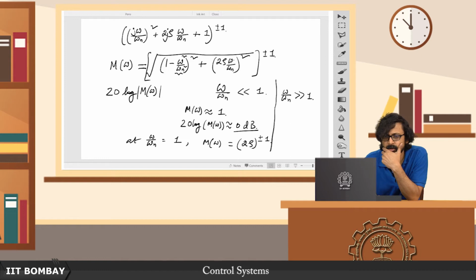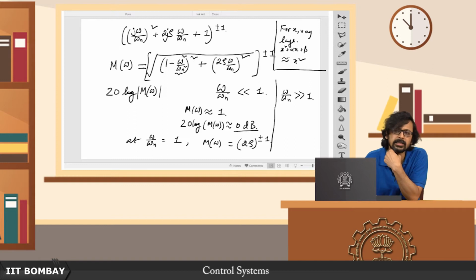The other thing is, of course, when you have a very large number, so for x very large, let me write that down as a separate observation. If you have x squared plus alpha x plus beta, it is almost approximated by x squared. The highest degree term, if it's a polynomial, in a very large x is going to be a very good approximation.